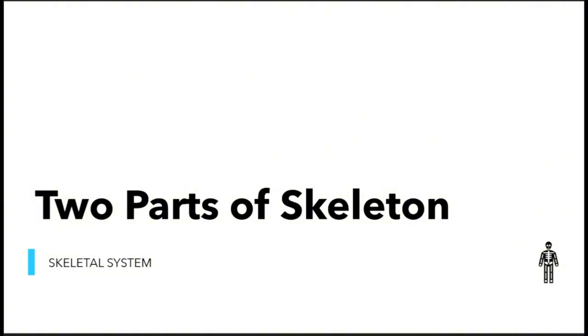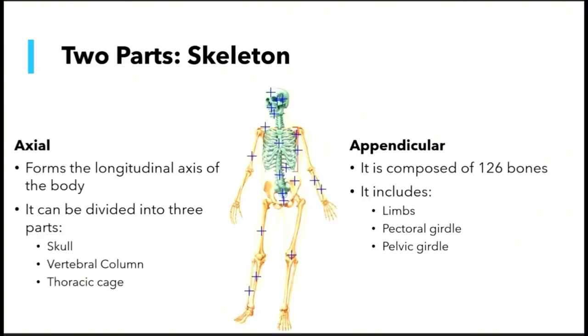So there are two parts of the skeleton. You have your axial and appendicular skeletons. Your girdle attaches the limbs to the axial skeleton.